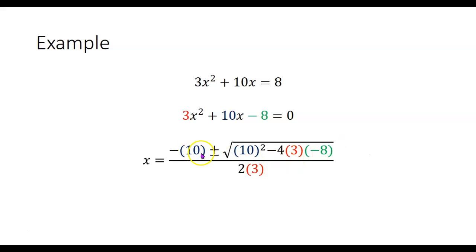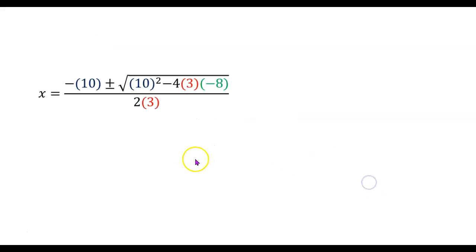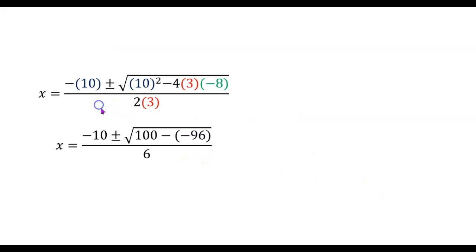And now we're ready to start simplifying this down. So here we have a -10. Here we have 10 squared, which would be 100. 4 times 3 would be 12, times -8 would be -96. And this is one of those things I was warning you about.